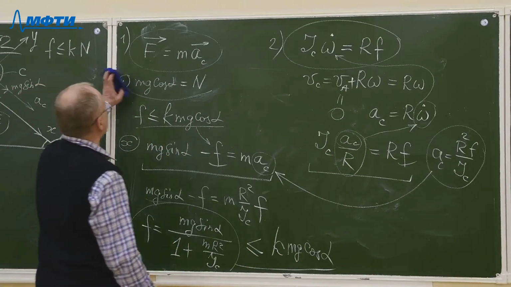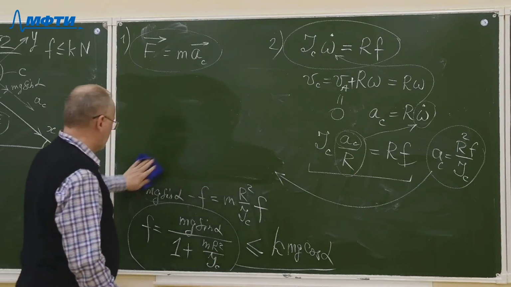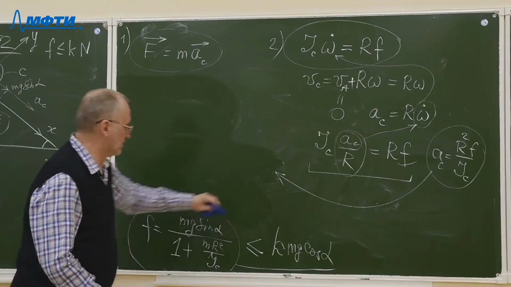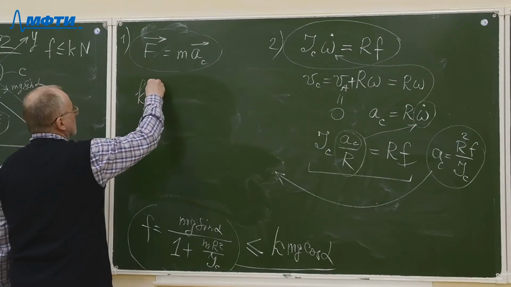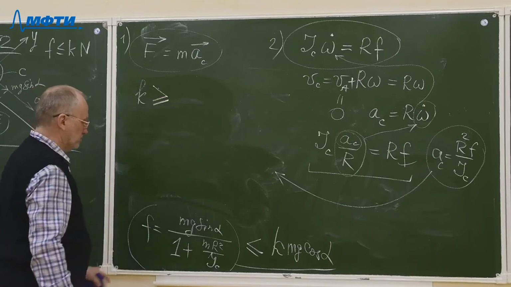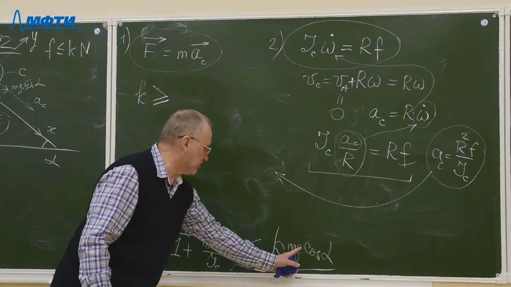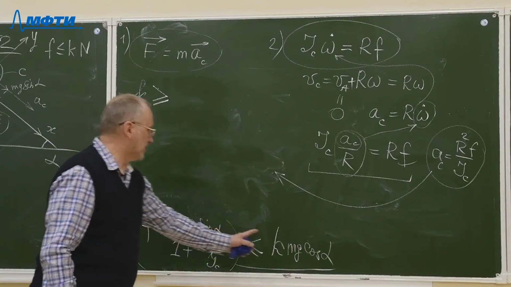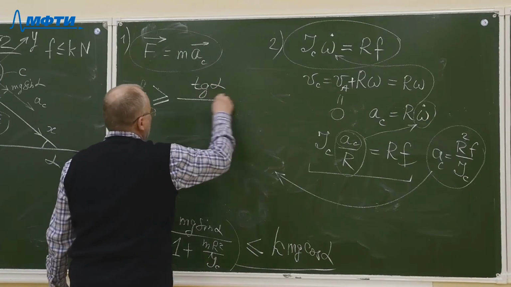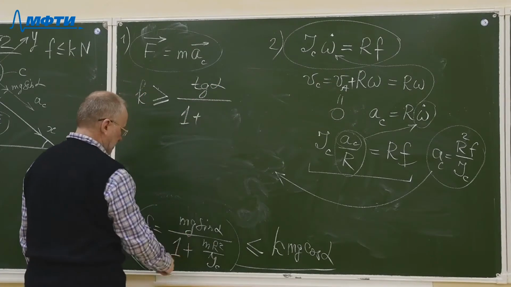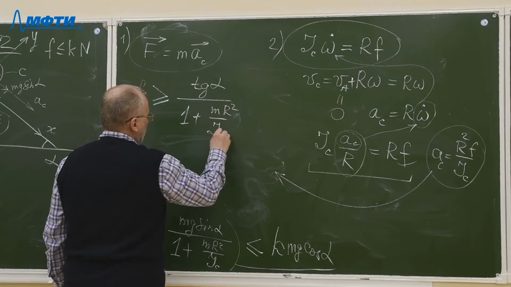So from this equation, we will immediately obtain that the coefficient of friction must be larger or equal to what happens here. mg here and mg here will cancel. Sine divided by cosine will give you tangent alpha divided by 1 plus mr squared over I.